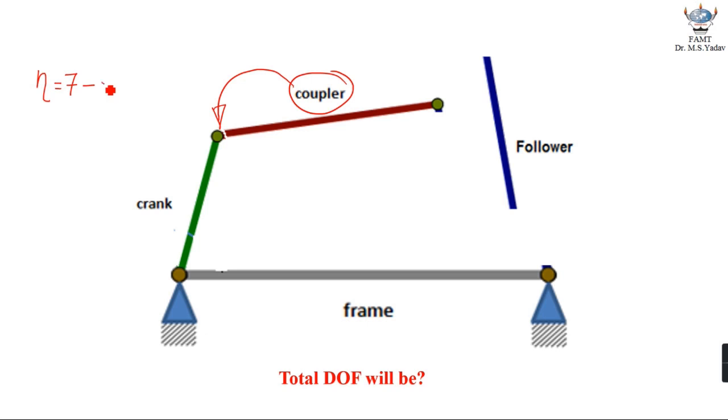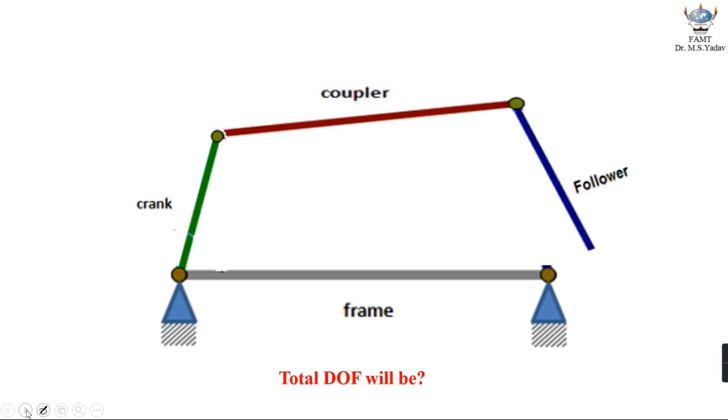So from this 7 I'll subtract 2, and now I'll be having 5 degrees of freedom. Now these 5 degrees of freedom: 1 for this coupler and 3 remaining obviously for the follower. Now once again I'll form a turning pair between coupler and the follower.